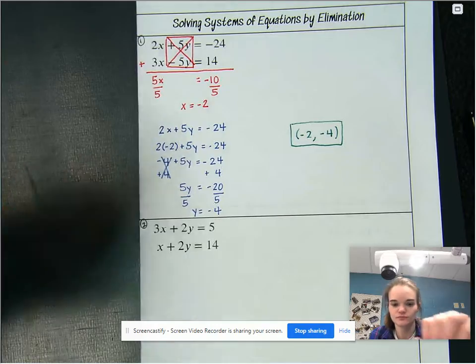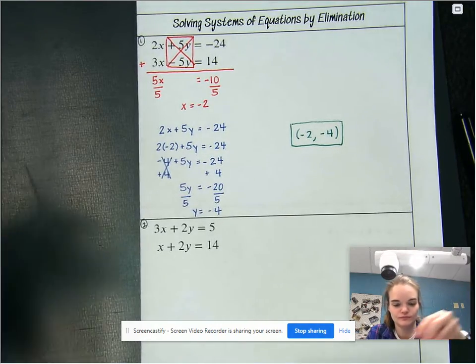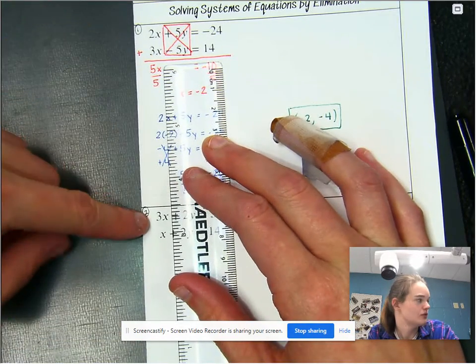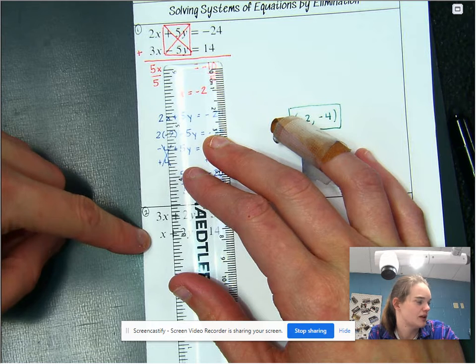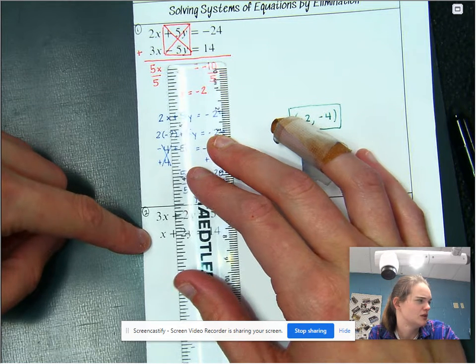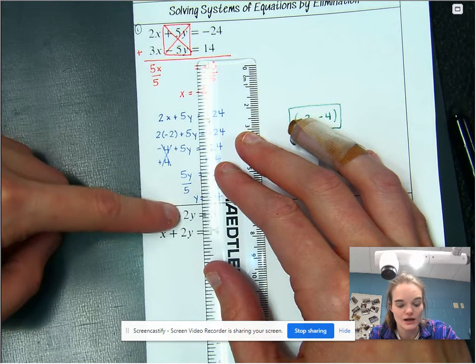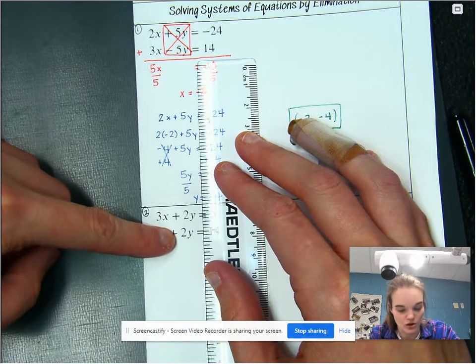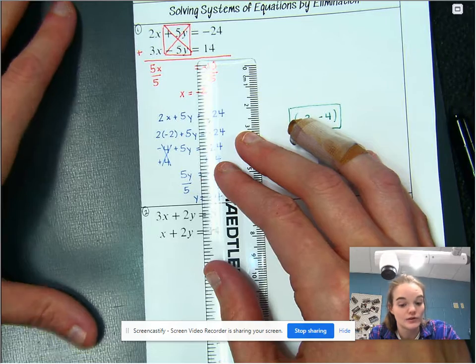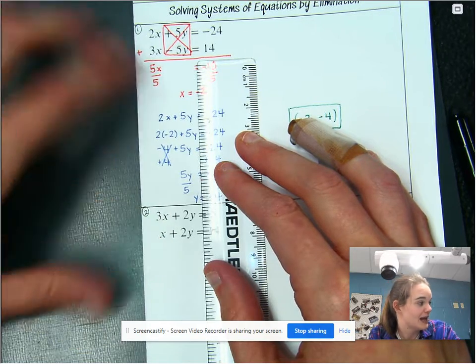Number 2. 3x and x, not the same. We will have some tomorrow that aren't the same, and we'll have to talk about what to do with that. The next one, 2y and 2y. They are the same. However, they are not one positive, one negative.